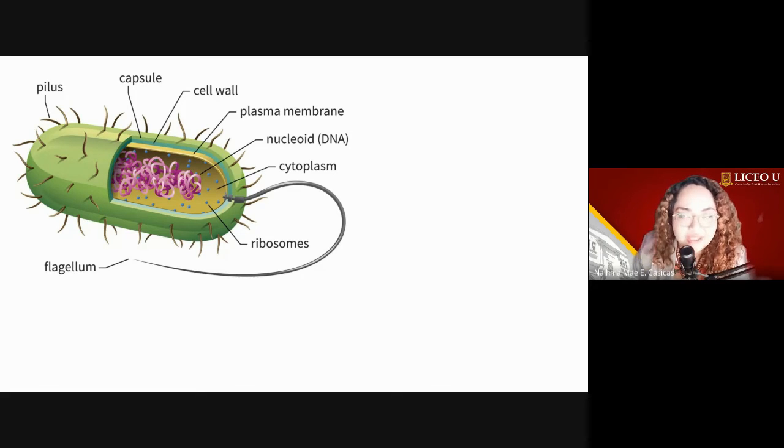Your bacteria cell will have, let's start with the outermost part. Of course its capsule, that's protection. There are two layers of protection, its capsule and its cell wall. This bacteria cell wall is made of peptidoglycan.